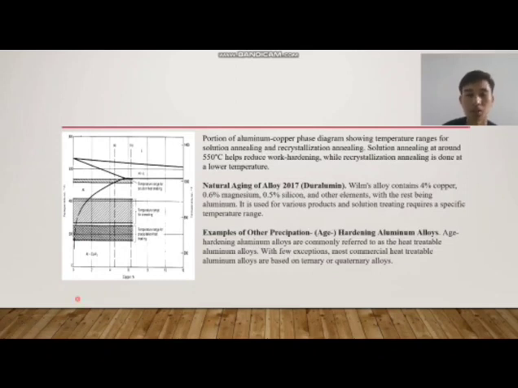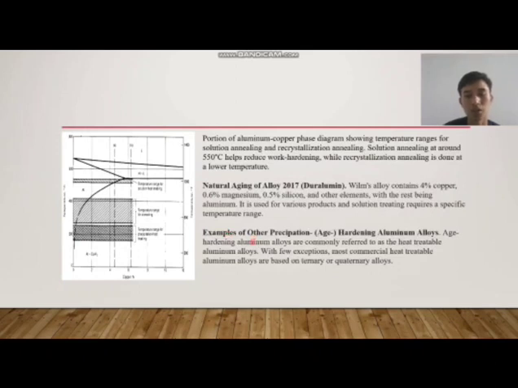Natural aging of alloy 2017 duralumin. Wilm's alloy contains 4% copper, 0.6% magnesium, 0.5% silicon, and other elements, with the rest being aluminium. It is used for various products and solution treating requires a specific temperature range.